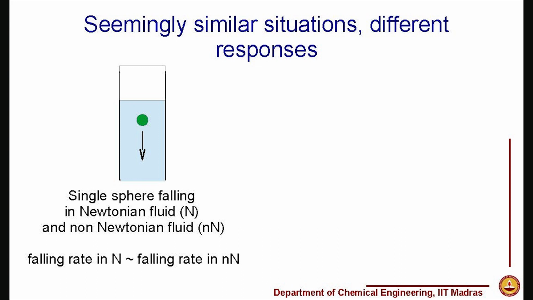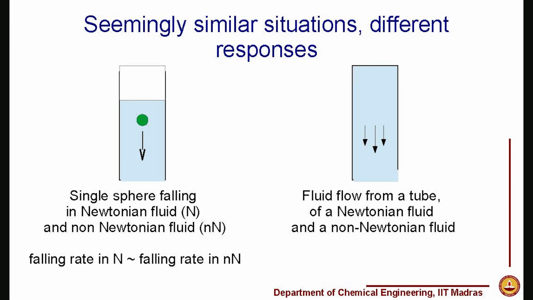This is because we know that the settling velocity is related directly to the viscosity of the fluid, and if the two viscosities are similar, then in this case the falling rates will also be similar. Now, if the same two fluids, the non-Newtonian fluid as well as a Newtonian fluid, rather than having a sphere falling through the pipe, we just remove the bottom of the pipe and allow fluid to flow through, then overall fluid flows through, and in this case again the Newtonian fluid as well as non-Newtonian fluid will flow through.